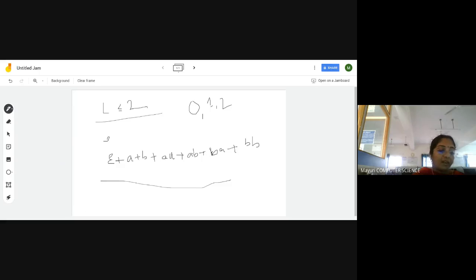Like this, plenty of questions may be asked, right? So how do you write this in a shorter way? I can write (epsilon plus A plus B) whole square for length less than or equal to 2.